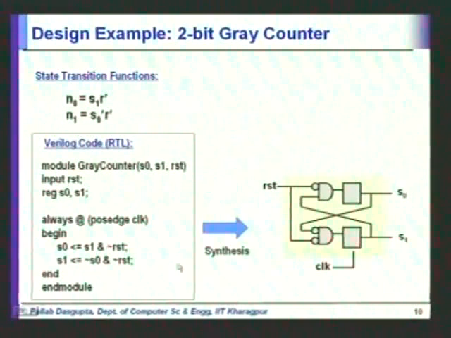Now when you have this Verilog code, if you write this Verilog code like this, then the synthesis tool will take this as the input and actually produce the circuit that is to be finally implemented. Alright.